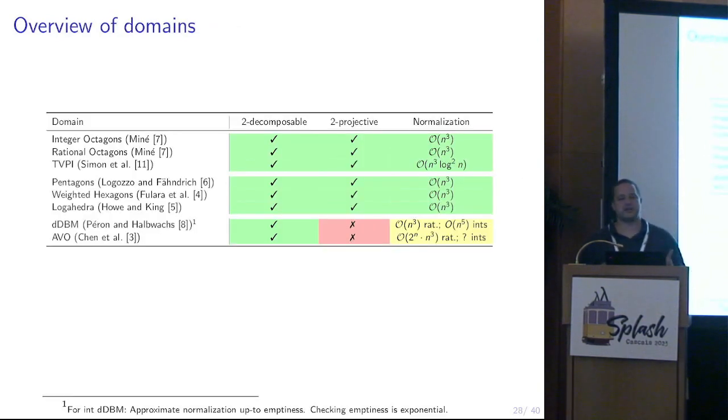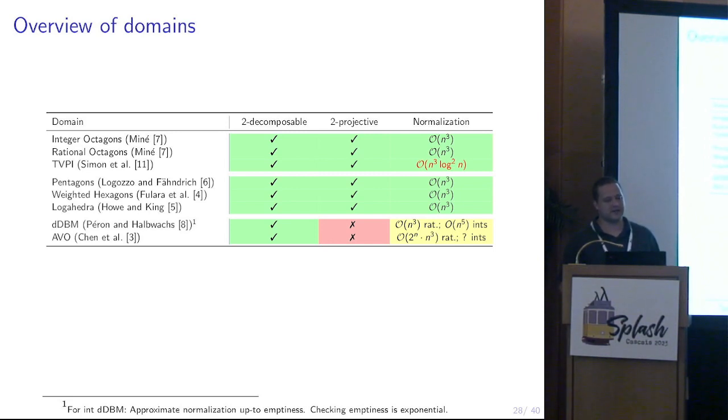The question is, are there any other domains that are 2-projective? There's quite a few more here. I'd like to particularly point out this 2-variables-per-inequality domain here, because it is a bit counterintuitive why we say, okay, the normalization here somehow is not cubic, but there's this log squared factor somewhere in there.